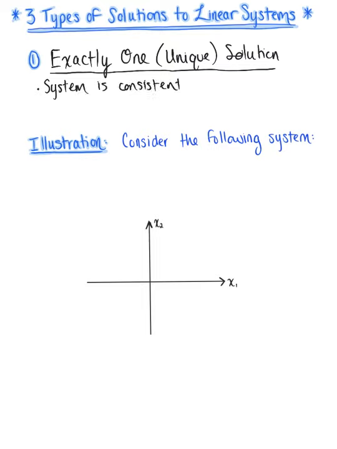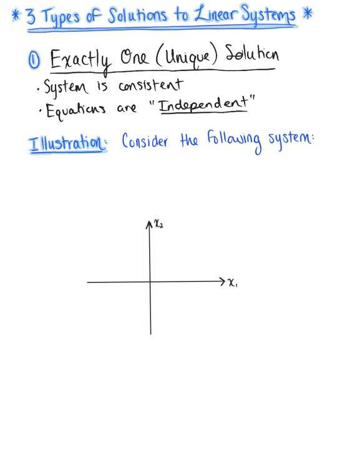And now the linear equations that make up this system are called independent equations. So the equations in our system are independent of each other. They are unique or distinct equations.